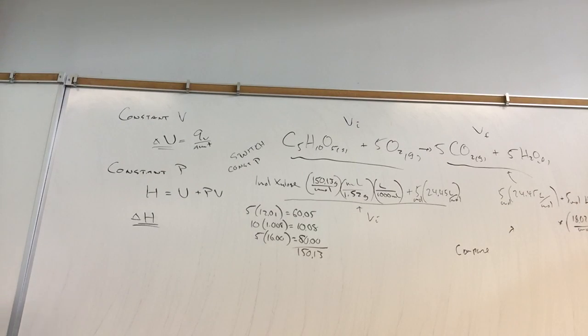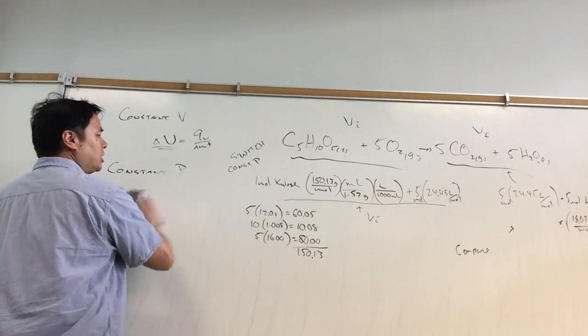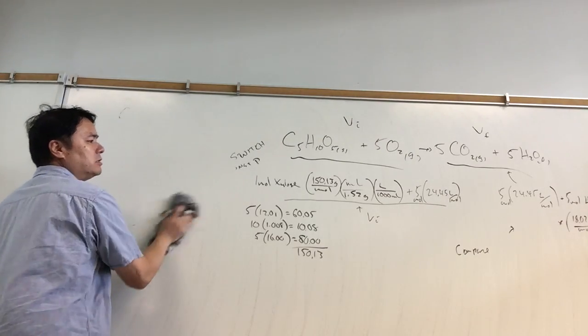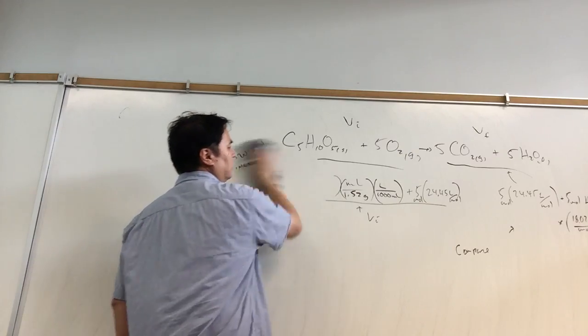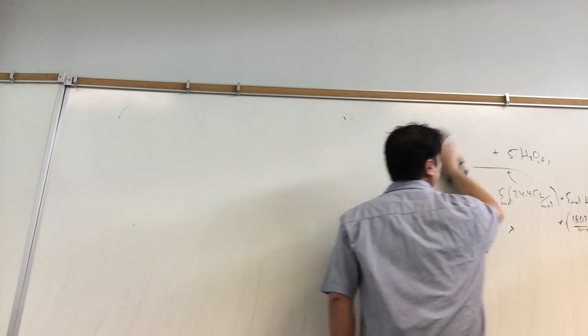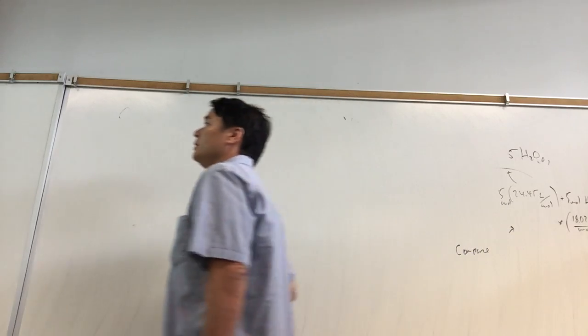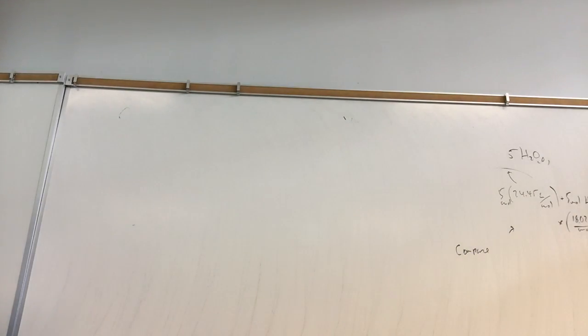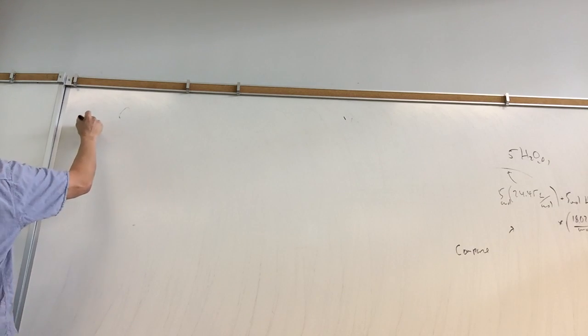All right. We'll take a look at one where there is more significant change. Here, was the change insignificant or was the change significant? So go ahead and calculate it. When there is a change in the moles of gas, the volume change will be much more significant. So let's take a look at something like naphthalene, number 41 here.